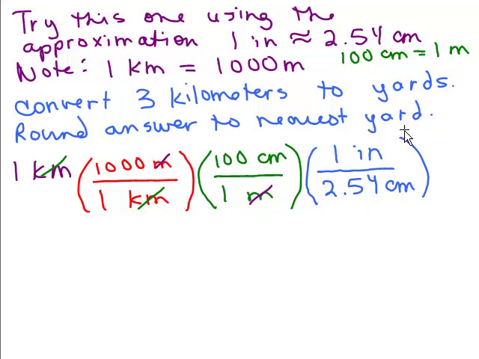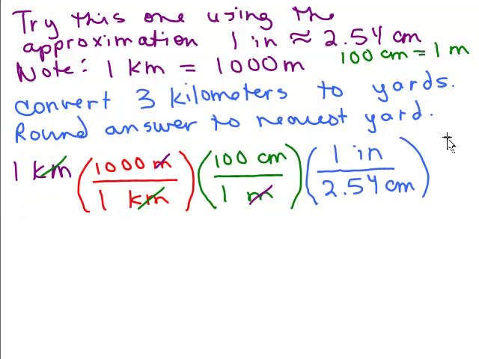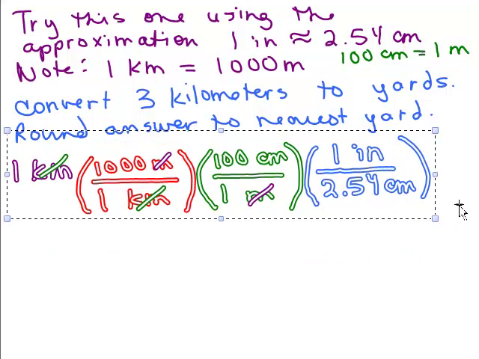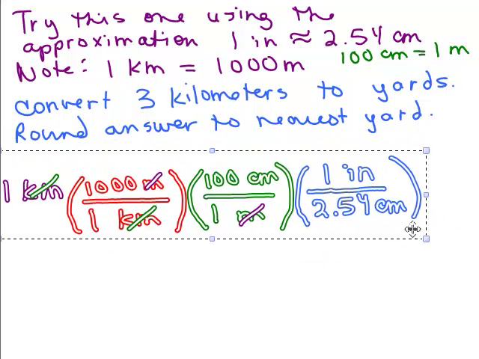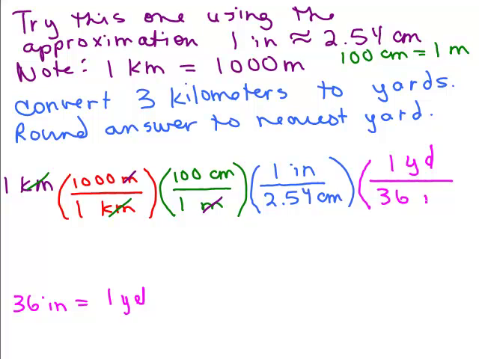So let's make this just a little bit smaller so I can fit it in. Okay, so let's see. Got to also multiply by, all right, I'm trying to get yards. And so the last thing you have to know is that 36 inches is the same as 1 yard. So I could put 1 yard in the numerator and 36 inches in the denominator.